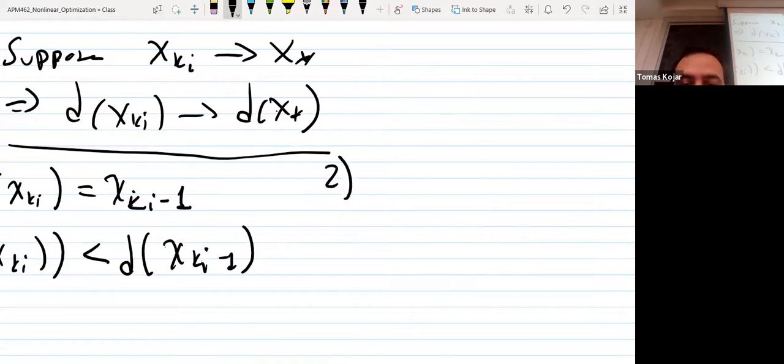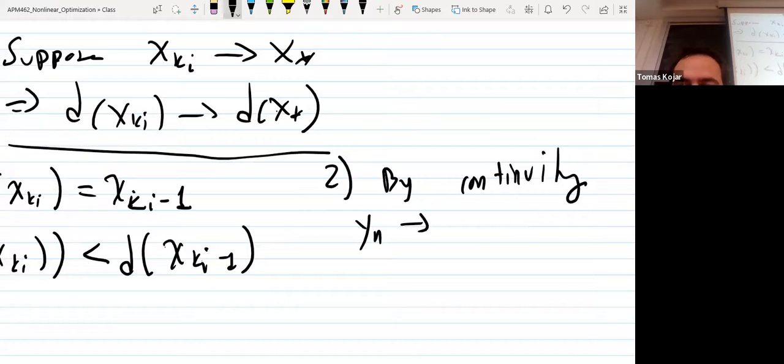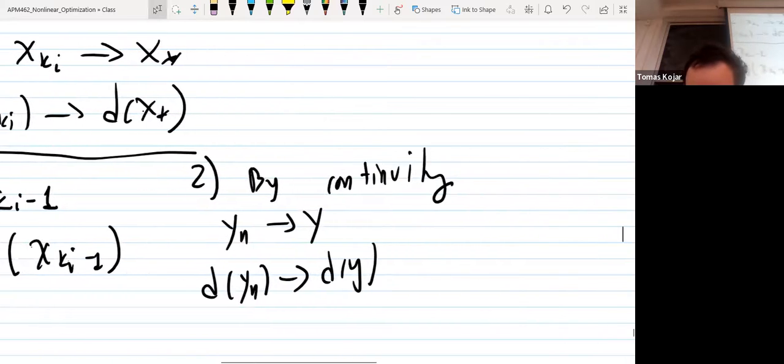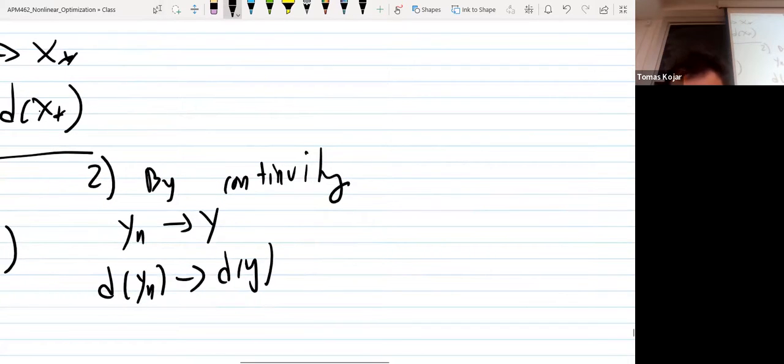Okay, step 2. By continuity, we have the following result. In general, this is a general result: whenever you have that yn goes to y, you have that d of yn goes to d of y. Why is that?